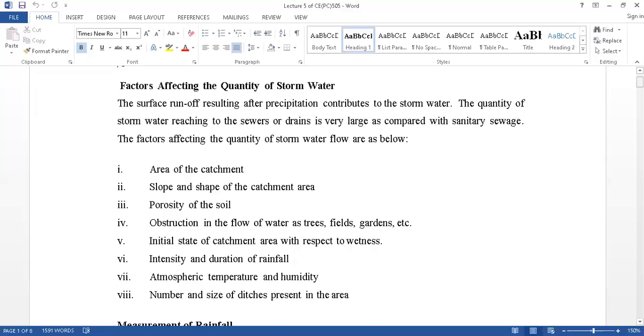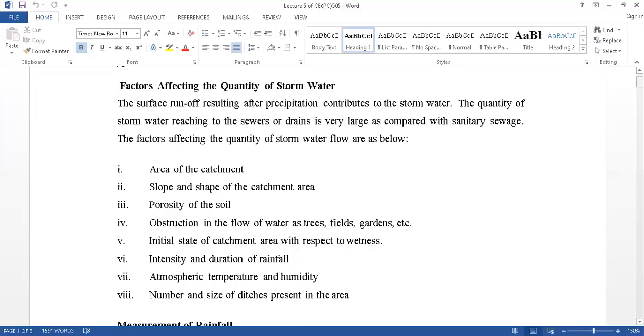The initial state of the catchment area, like wetness, how wet the ground is, that also will have an impact on the flow of stormwater. And a very important thing, intensity and duration of the rainfall. One is the intensity, suppose millimeter per hour, how much raining has occurred per duration of time, that is the intensity, and how long the raining was done, that is the duration of the rainfall.